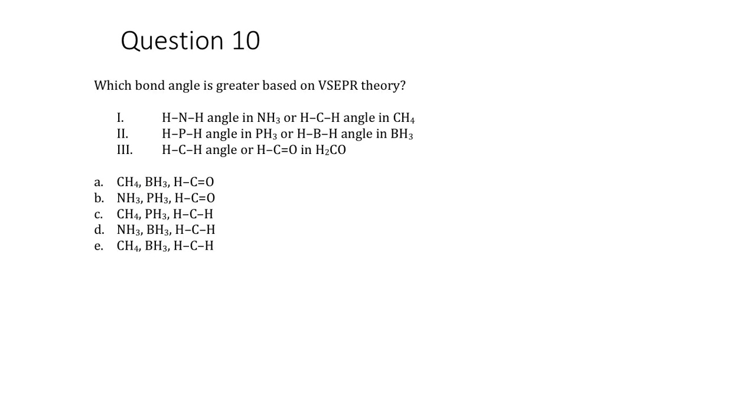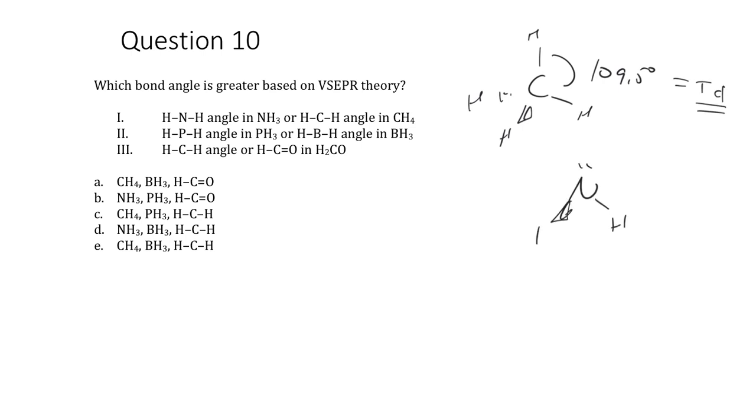Moving on to question 10, which angle is greater based on VSEPR? In CH4, which is tetrahedral, this bond angle here should be perfectly 109.5 degrees because it's perfectly tetrahedral. Now what about ammonia?